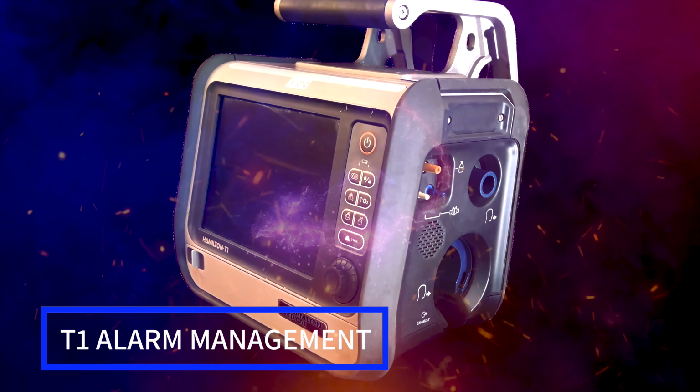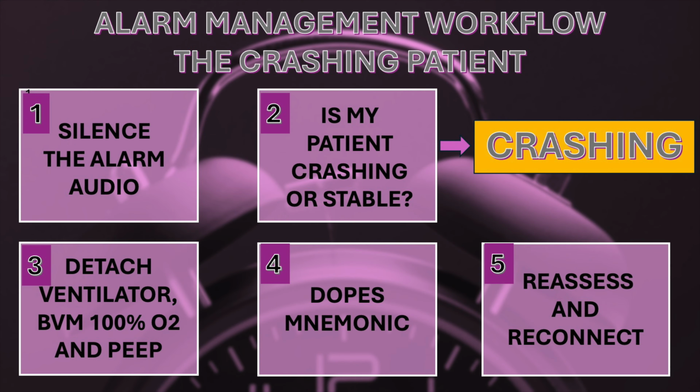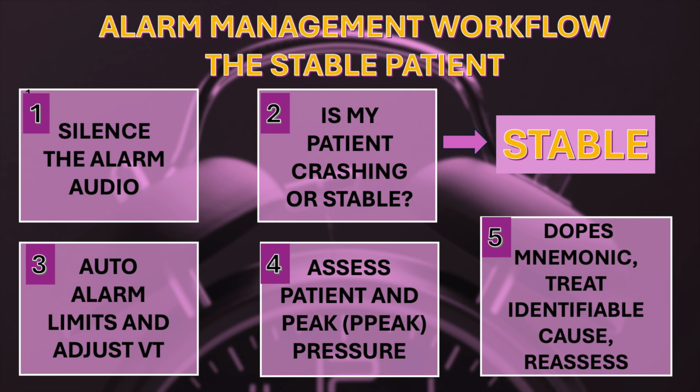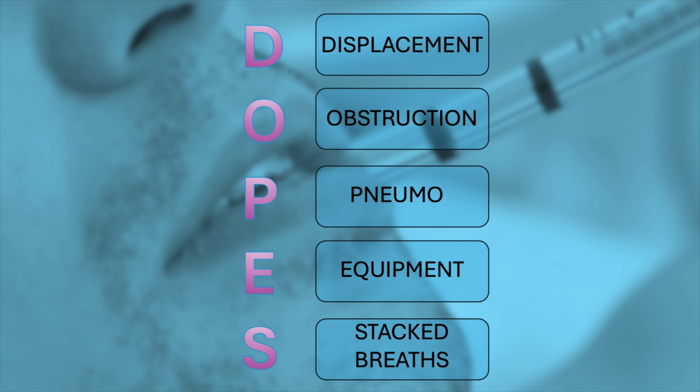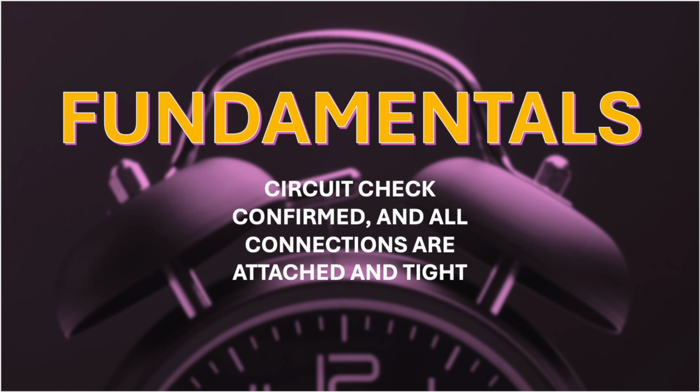Module 9 of Mechanical Ventilation Basics covers a standardized alarm management workflow for both crashing and stable patients. It emphasizes real-world application over theoretical lists, focusing on patient safety and the critical need to master fundamentals.